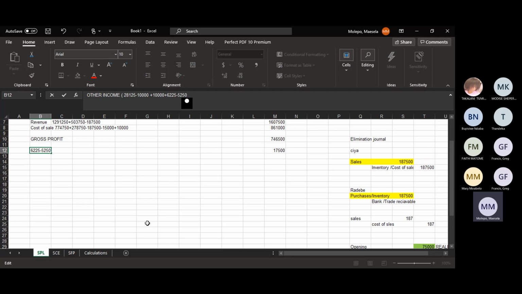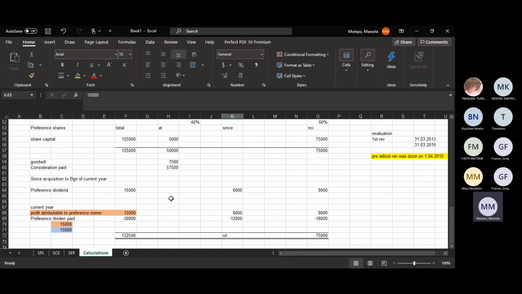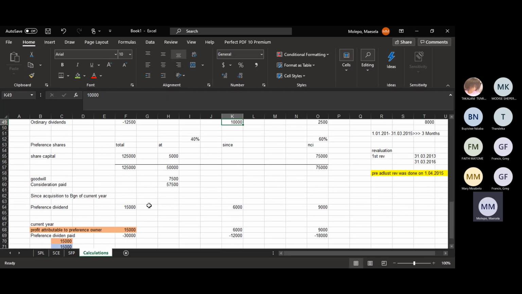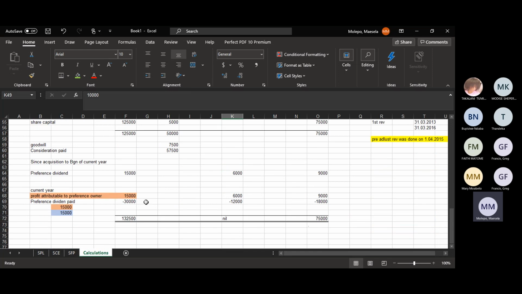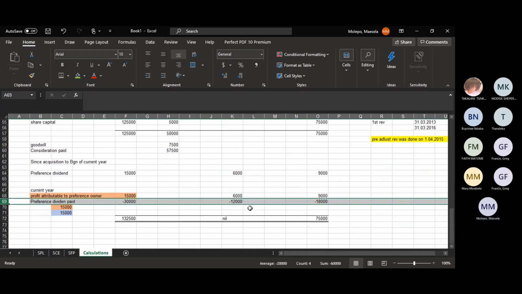When you go to the analysis of shareholders under the calculation, the preference share capital, you see this. We received it as SIA Limited. We received this amount of 12,000 when he was declaring the dividends. This amount needs to be taken out. Are we happy there?